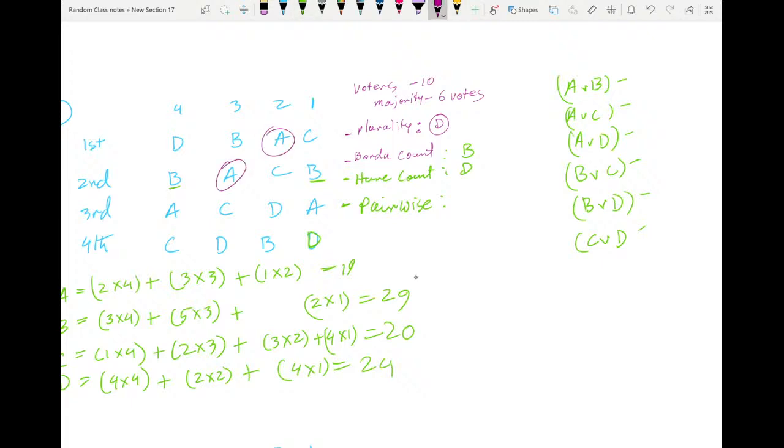So if I'm looking at A with B, ooh, 7. B is the winner right away. All right. So A and C. Oh, right there. A is the winner. And the last one is A with D. Ooh, look at that. 6. Oh, A is the winner.